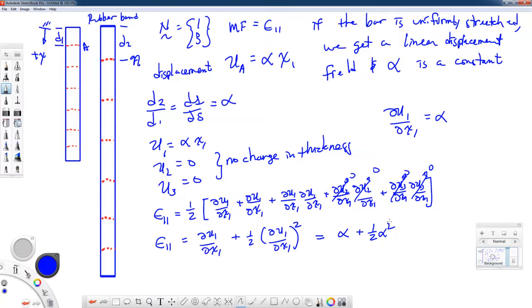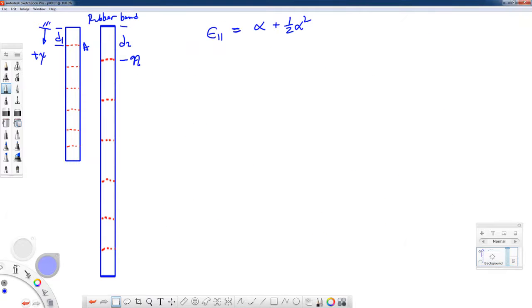Let's take a look at this in a little bit more detail. Let me make some room. All right, let's look at our engineering strain again. So it was the change in length divided by the initial length.